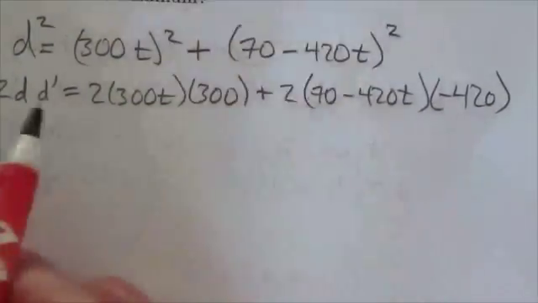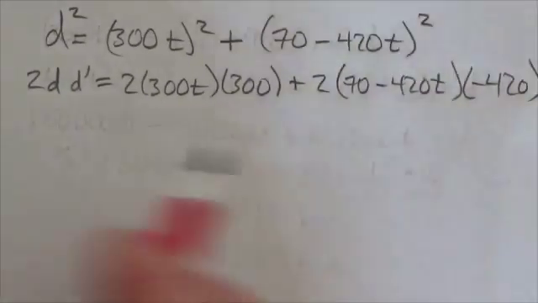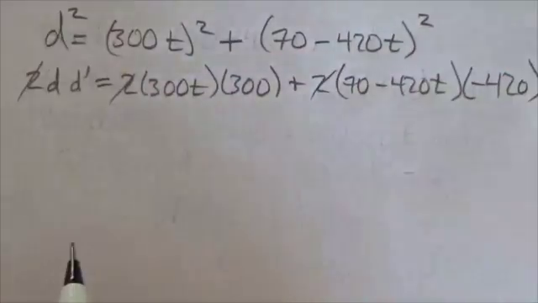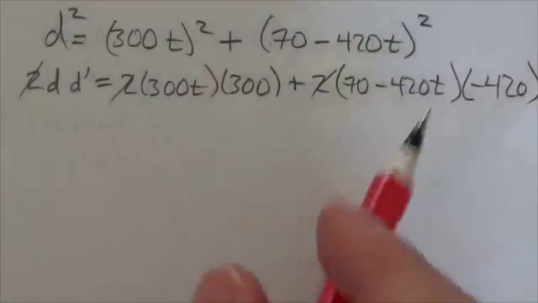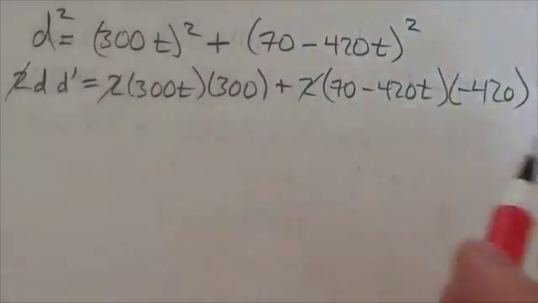Okay, so we got a lot going on here. Now, at this point, because each and every one of these terms has a common 2 in it, I can cancel those out. And then I can divide everything through by d. At the same time, I'm going to do a little bit of simplification.